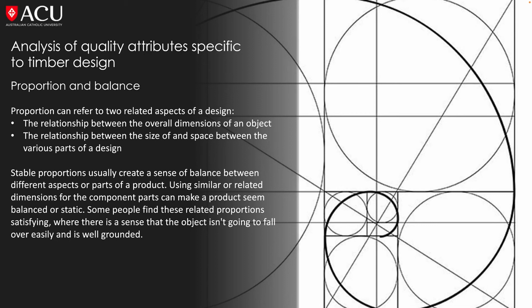Using similar or related dimensions for the component parts can make a product seem balanced, but it can also make it seem static as well, which again might be a good thing, might not. Some people find these related proportions satisfying, where there is a sense that the object isn't going to fall over easily and is well grounded.